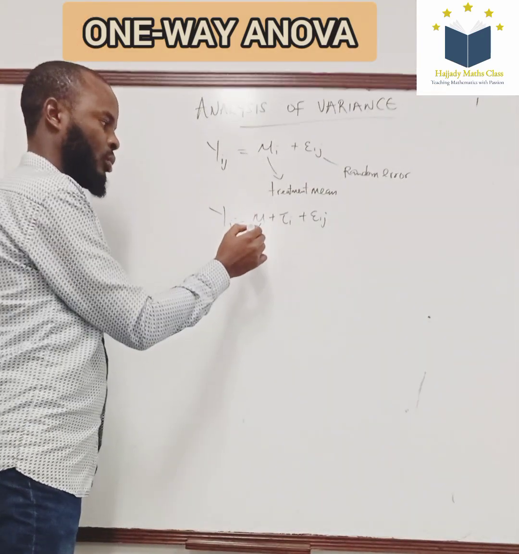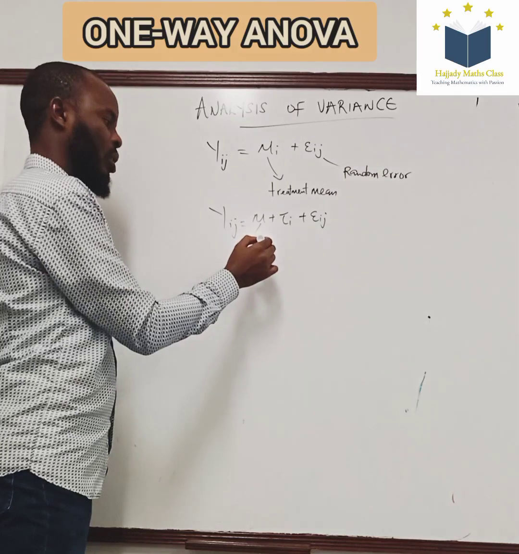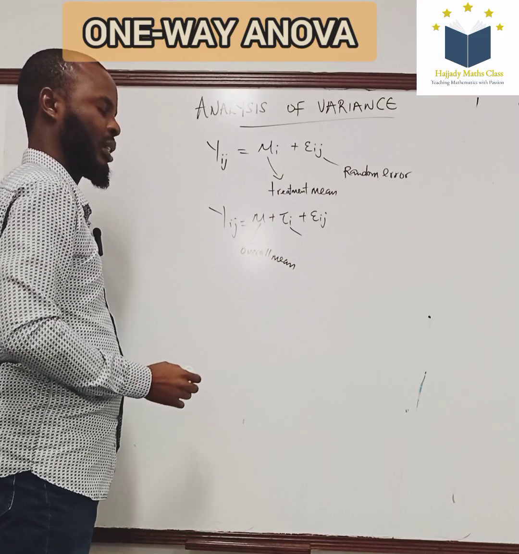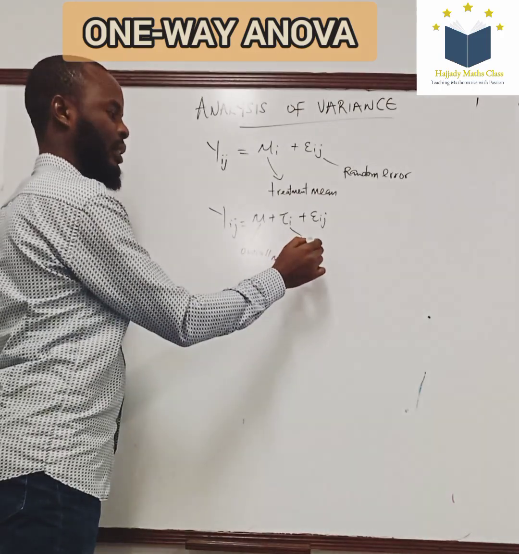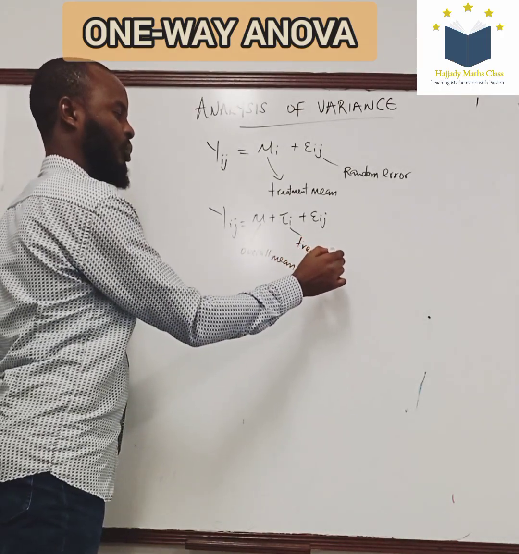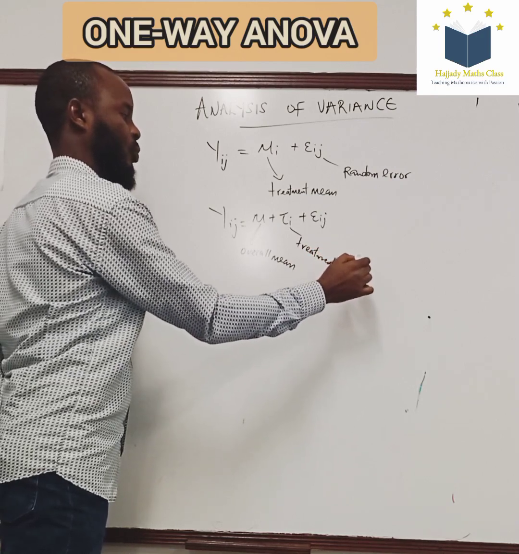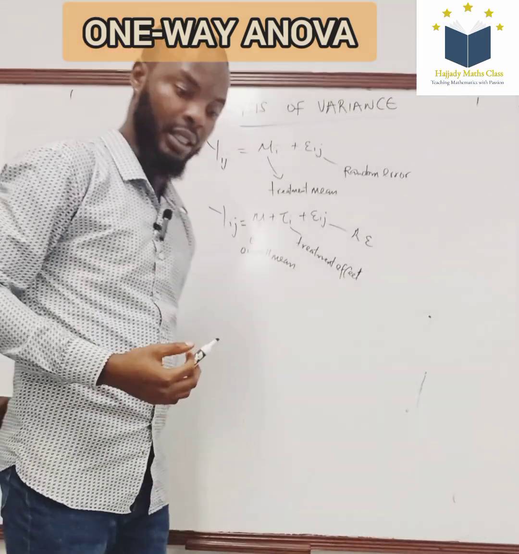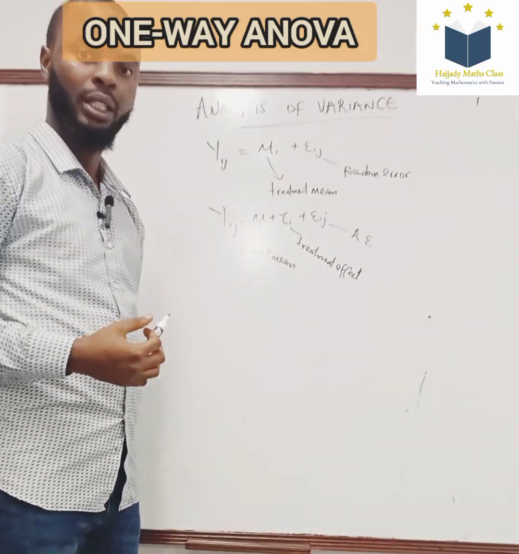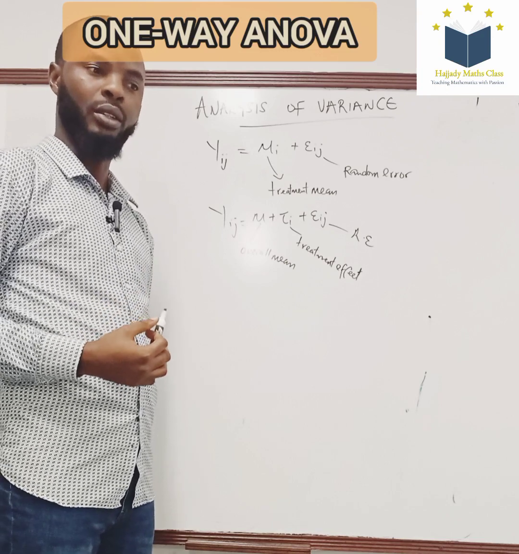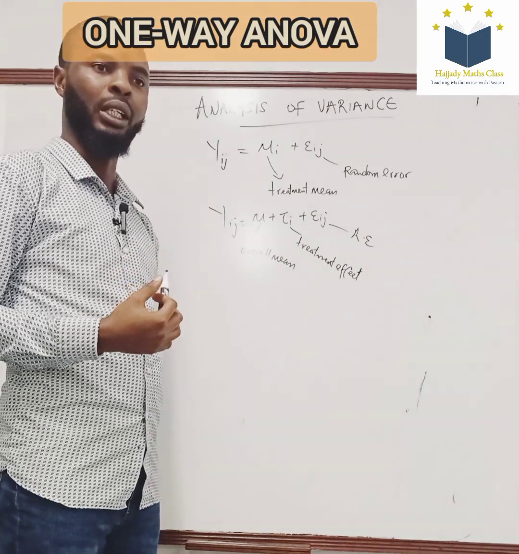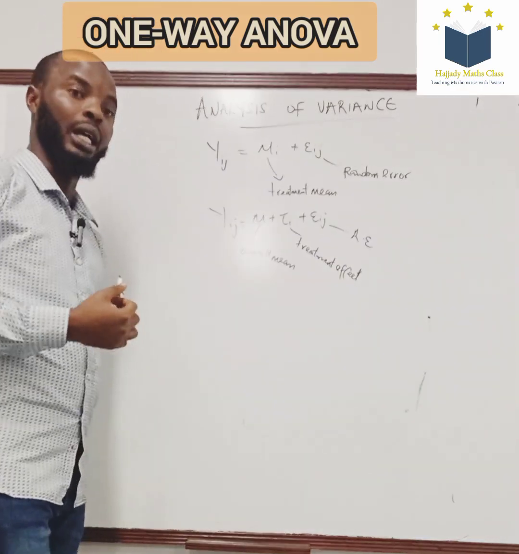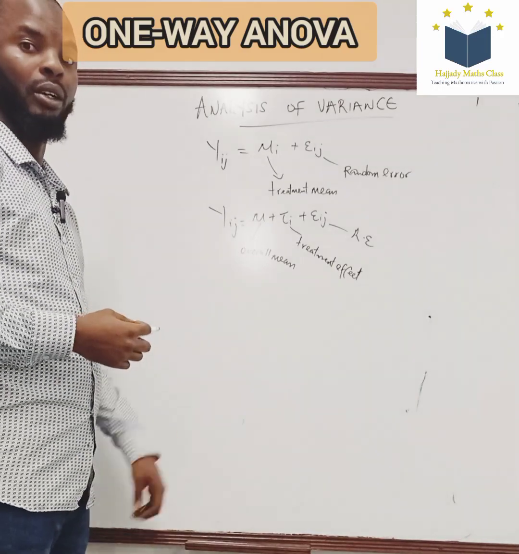So our mu is known as the overall mean, and our tau i is known as the treatment effect, where our Eij is still the same random error. Because statistically speaking, for every experiment we should give room for error, because no experiment is perfectly carried out. So there is the possibility of having an error, so we need to estimate the error also.